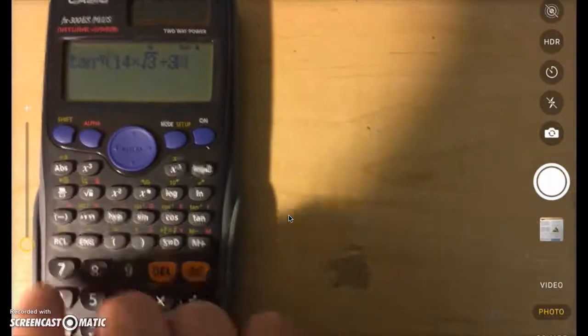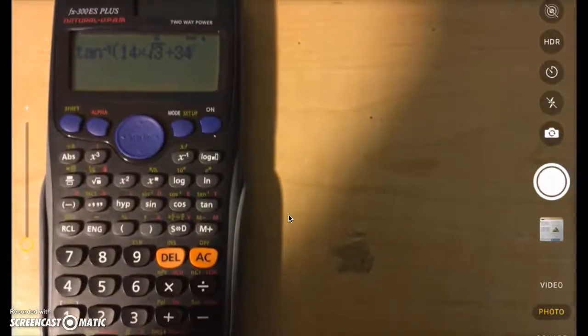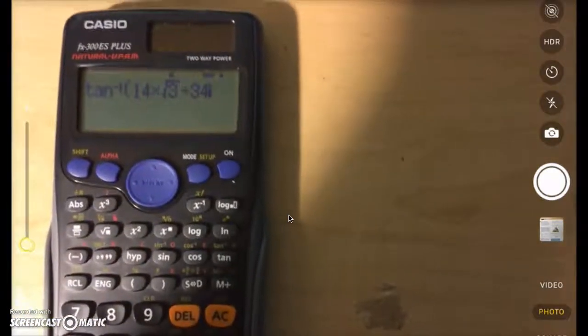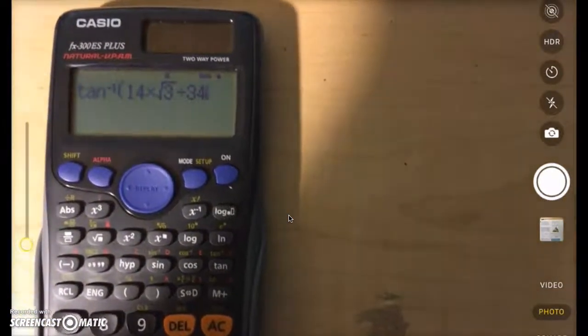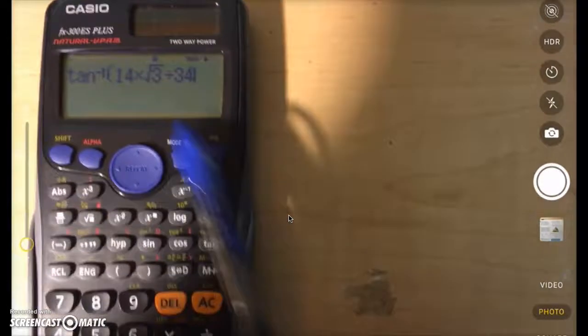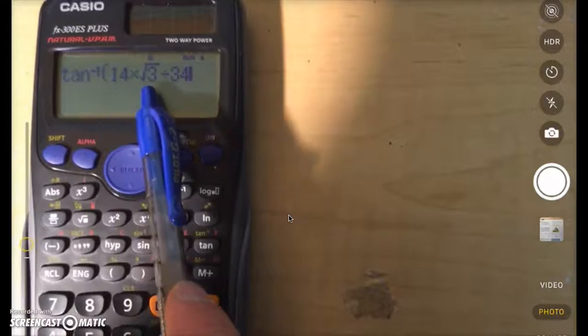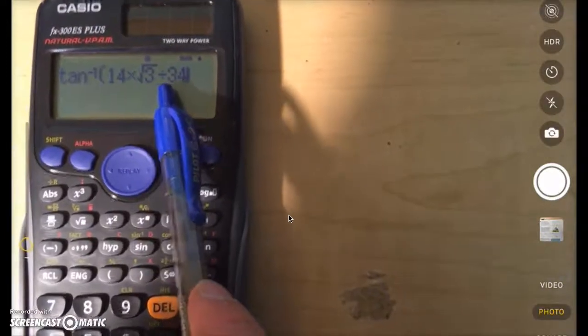34. So this right here is actually going to be incorrect if I hit enter, because using PEMDAS, it's just doing 14 times radical 3 divided by 34.